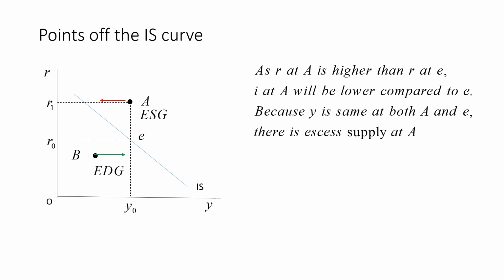So remember, when we say that the product market is in equilibrium, it means aggregate supply is equal to aggregate demand. So if the product market is not in equilibrium, that means aggregate supply is not equal to aggregate demand.